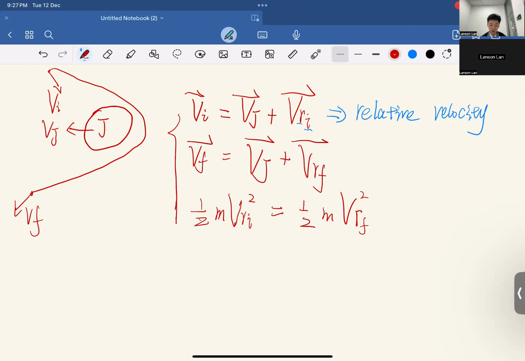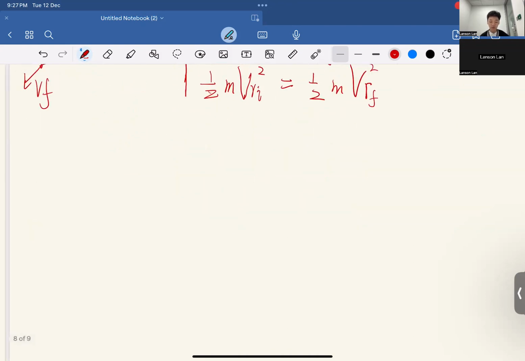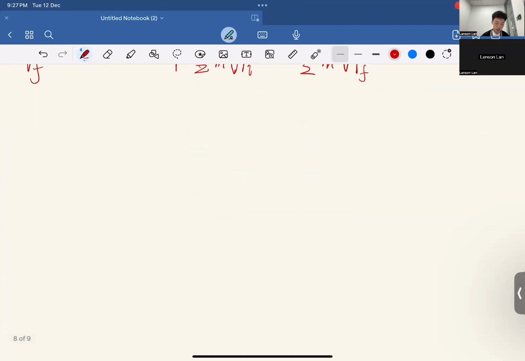But as I mentioned before, they are all vectors, so there are some angle issues, and we cannot directly solve these three equations because we don't know the angles, such as the angle between VI and VJ, and VF and VI. But we can consider a very special situation.